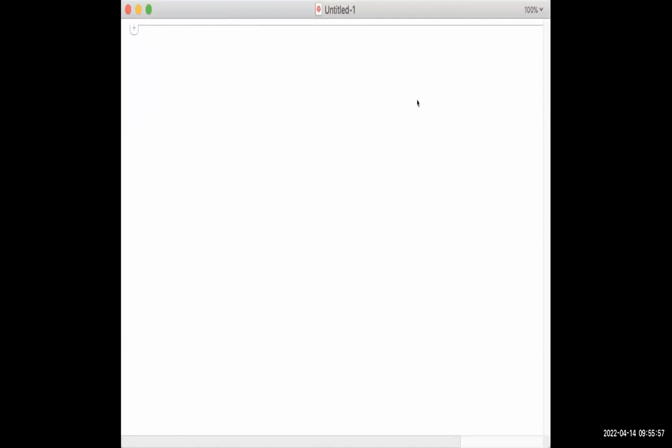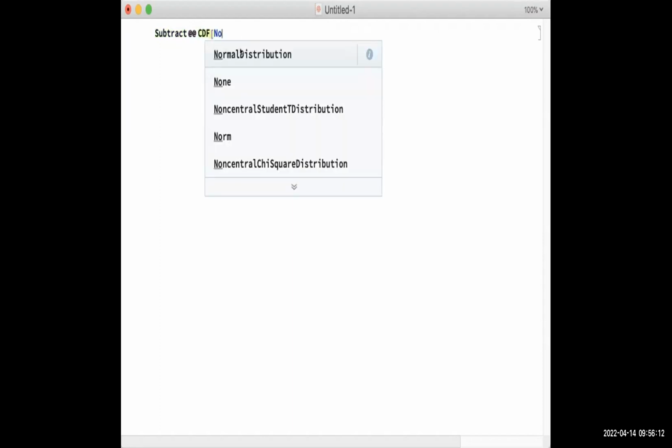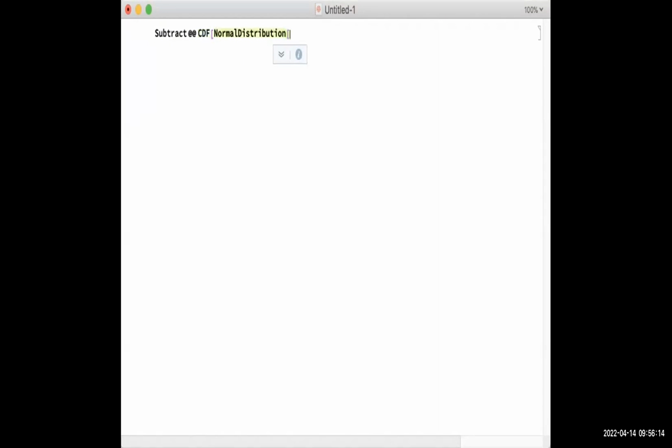I'm going to type in Subtract. What do I want to subtract? Well, the CDF, and I'll do this for a normal distribution. I don't need any parameters. I want to subtract negative 1.46 and negative 3.02.